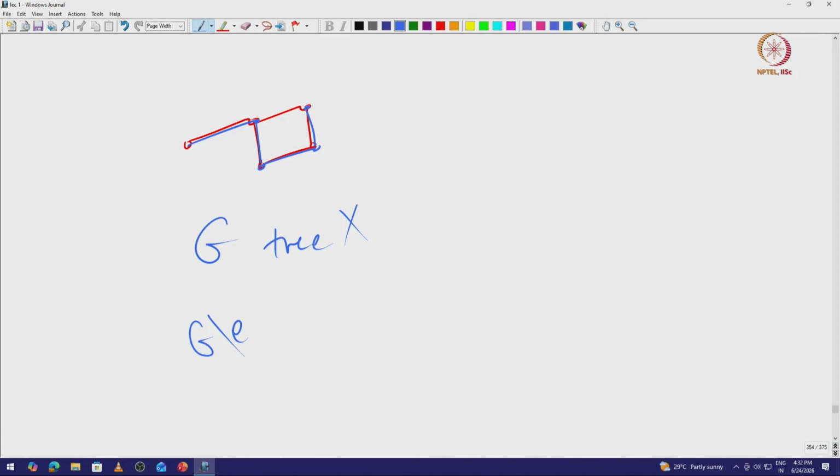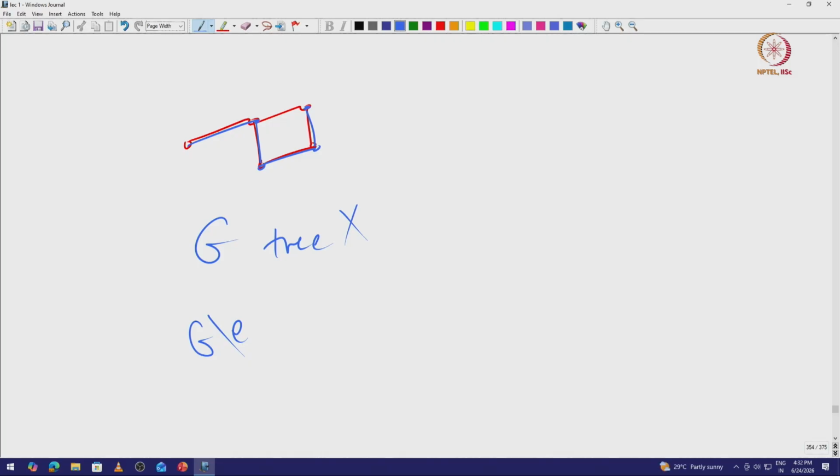So, we continue this process until all the edges are cut edges. Then by the previous characterization, we reach a tree. And in this process we are not removing any vertices. So, the resulting graph, which is a tree, is nothing but a spanning tree.